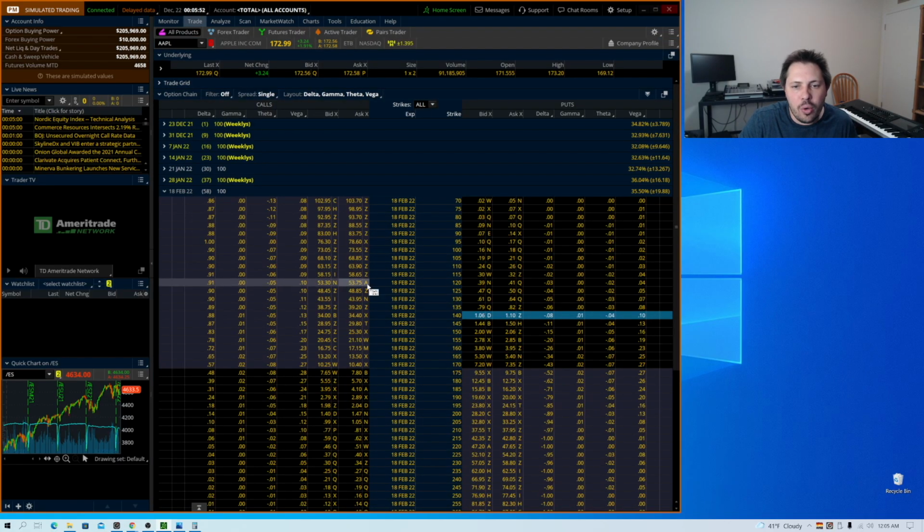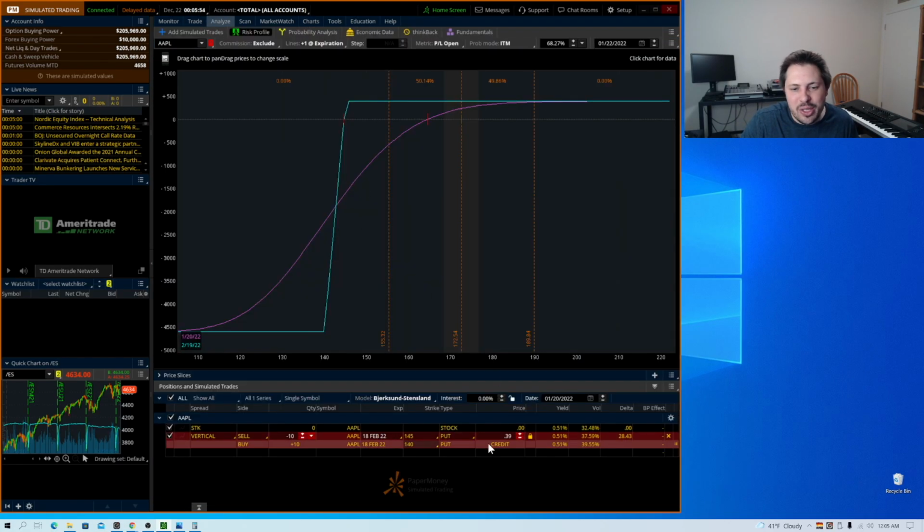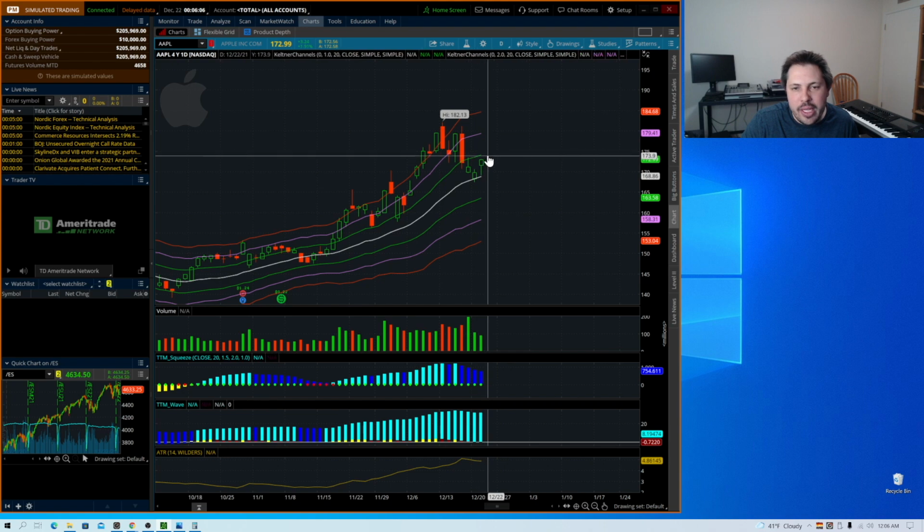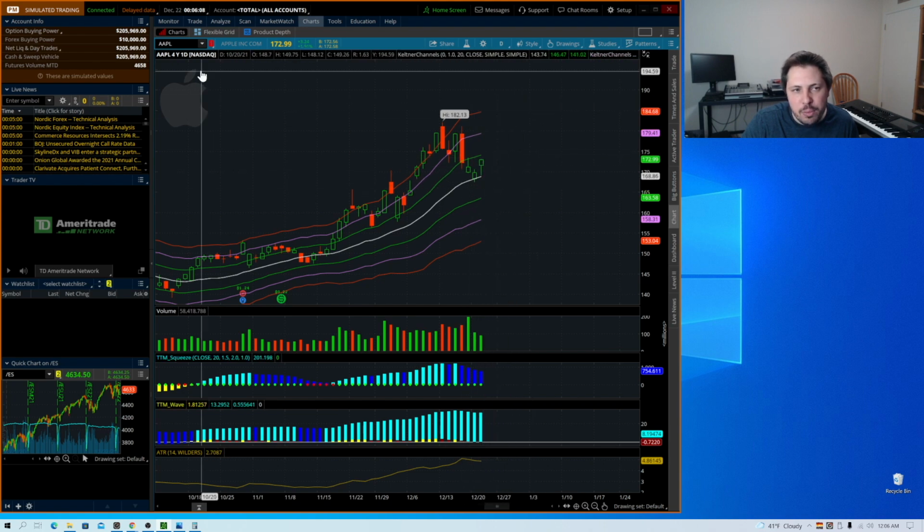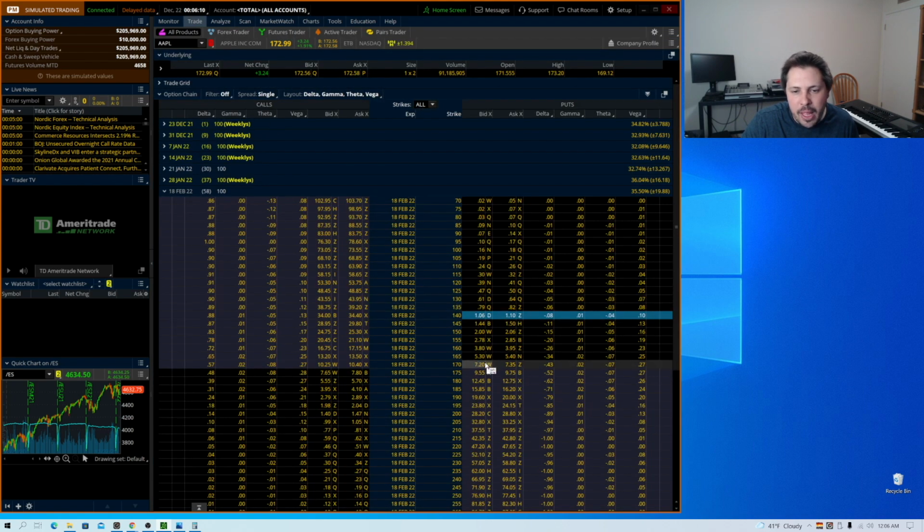So remember, when we looked at the risk out of the money selling a 10 delta put credit spread, we're not having great risk to reward. Now, if we still believe that Apple is bullish, as an example, let's see what happens when we sell an in the money credit spread. So take this for example.